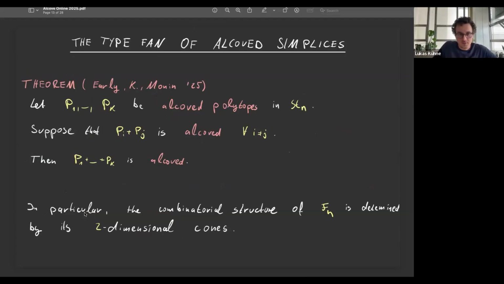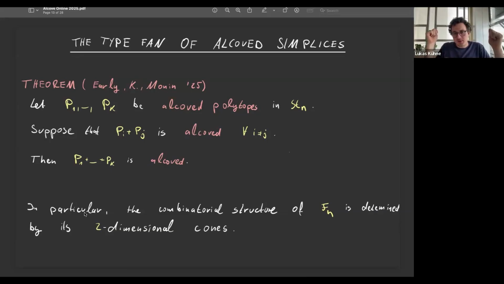Then their total sum, P_1 plus all the way up to P_k, is again alcoved. So if we have k alcoved polytopes, knowing whether we can add them is equivalent to knowing whether we can take each pair of them and add them.